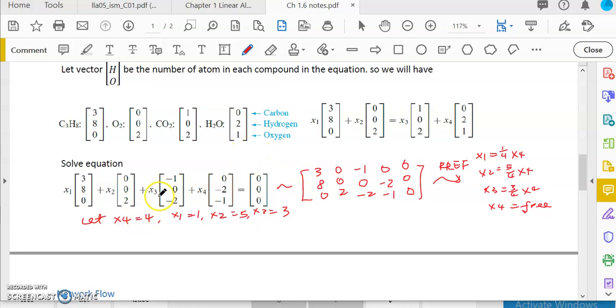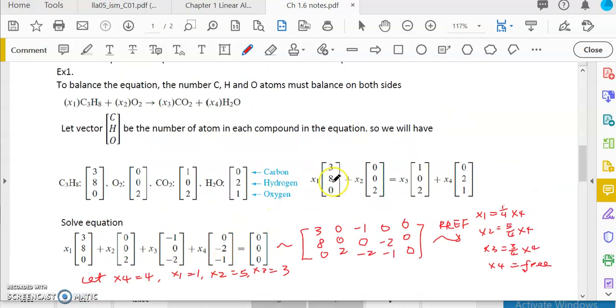So we can balance it as, write it out. x1 is 1, so this is 1 C3H8 plus 5 O2 would produce x3, x3 is 3, 3 CO2, run out of space, plus 4 H2O.